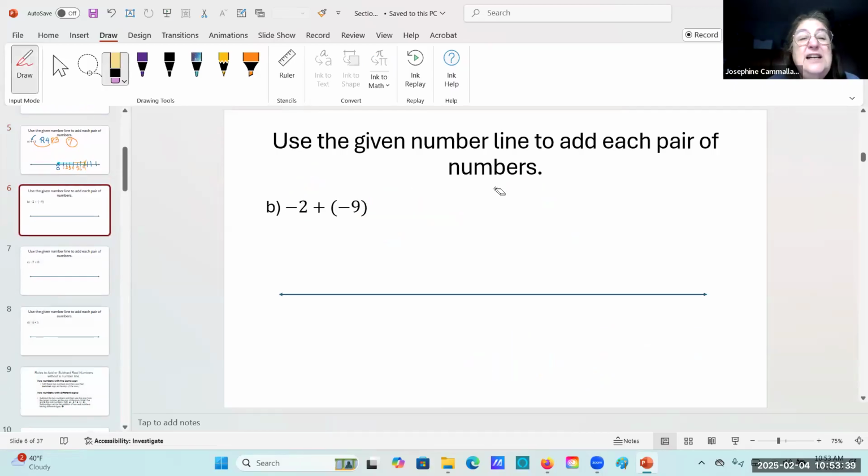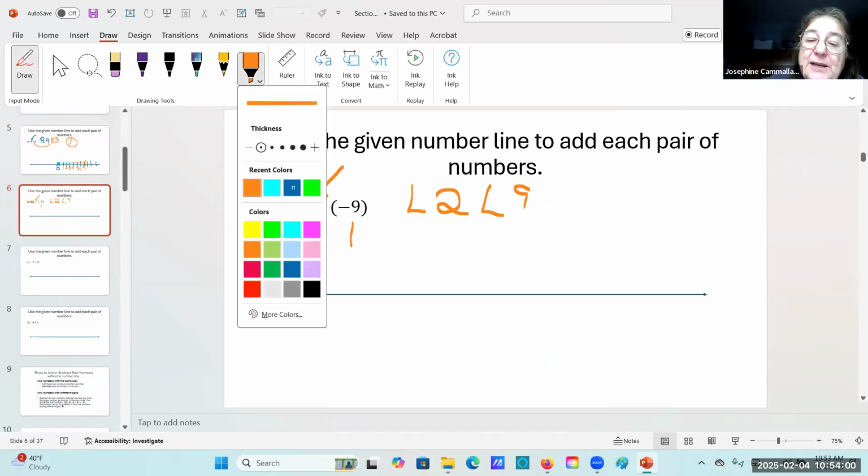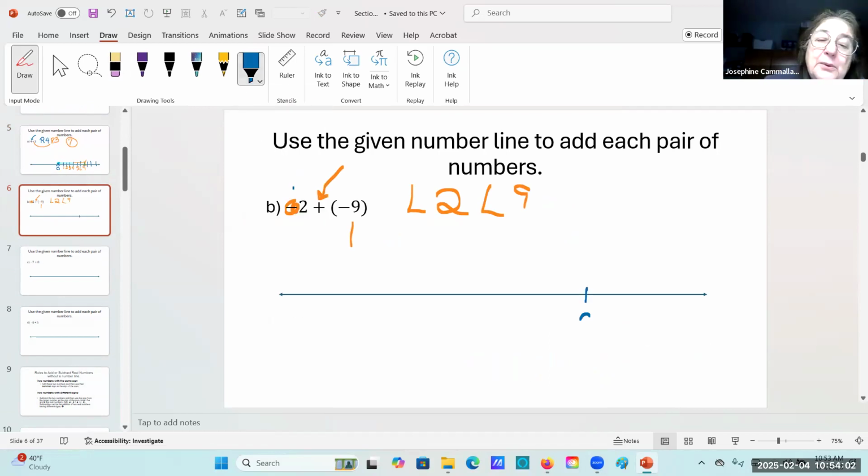Now, here we go again. This is saying left 2, continue on, left 9. Okay, here's my 0. Okay.